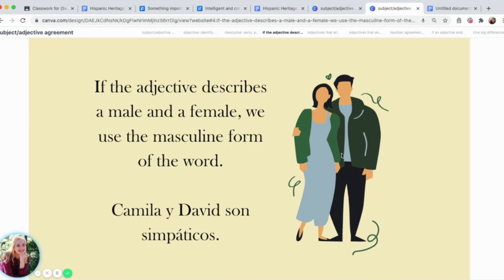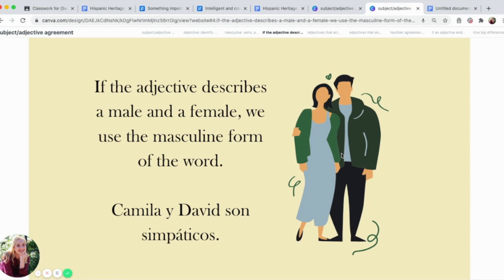Okay, so what this means is that anytime there's a male involved, even if there are females as well, we're going to use the male form of the adjective or the male subject pronoun. So for example, when we were learning about subject pronouns, los pronombres sujetos, we take one like nosotros, right?